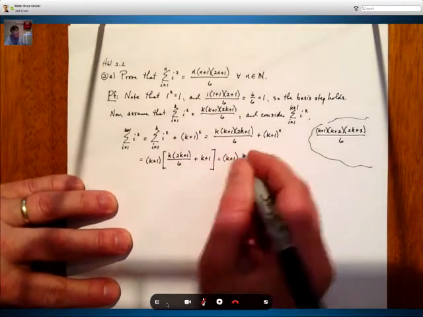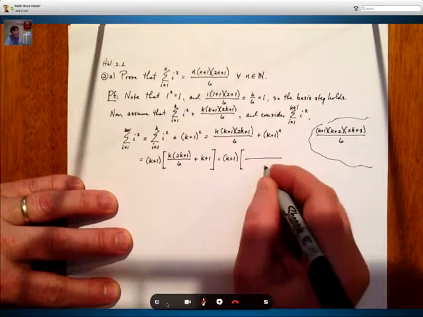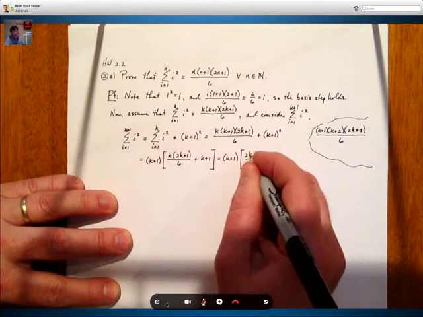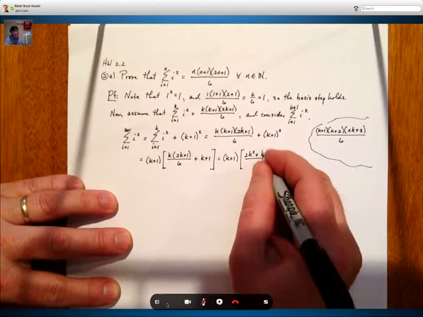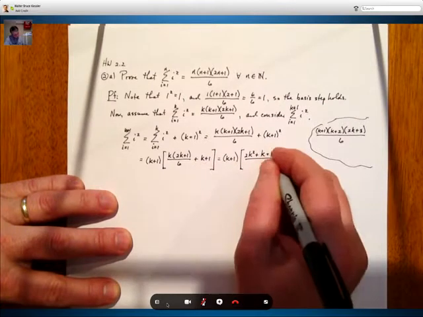So here's k plus 1, and then inside of here we put all this over 6. So this is 2k squared plus k, and then we'd have to say 6 times all of this stuff.